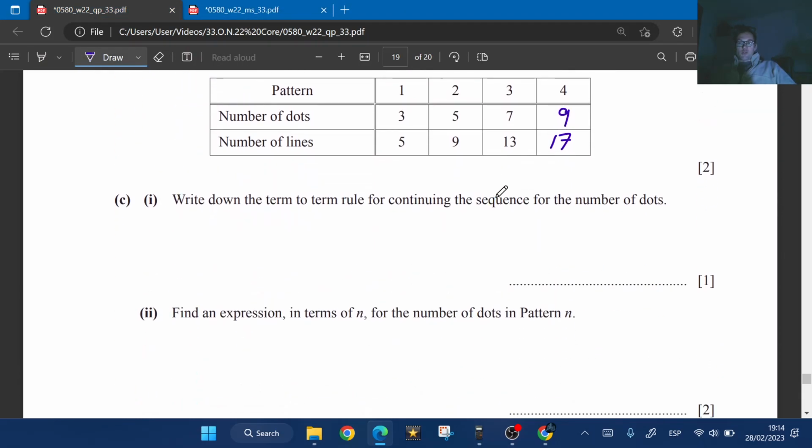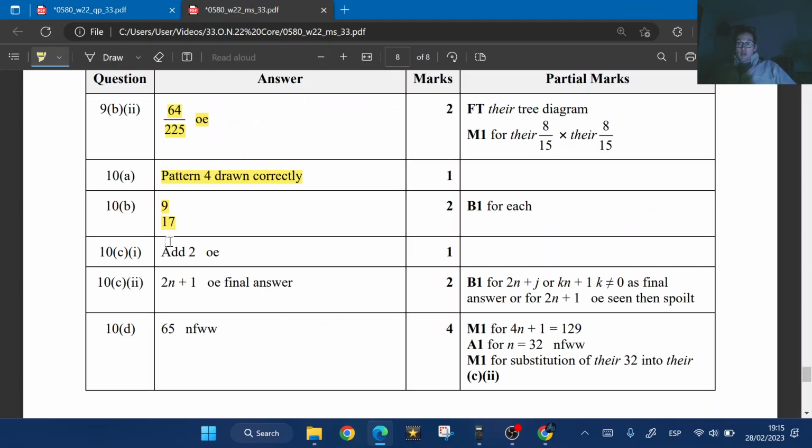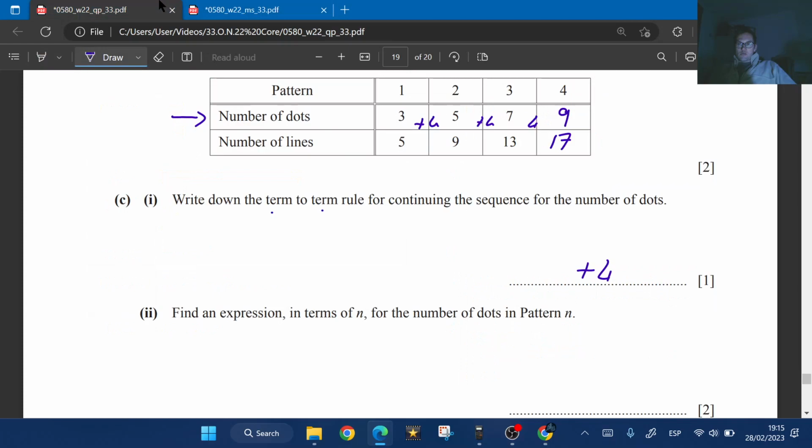Write down the term-to-term rule for continuing the sequence for the number of dots. Right, we're adding 2 each time, of course. So to get from one term to the next, you add 2.